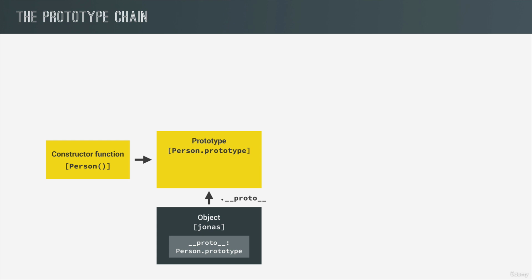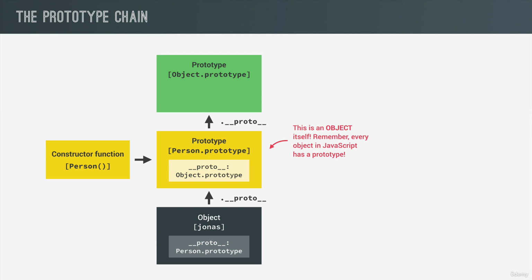So nothing new yet. But now let's remember that Person.prototype itself is also an object. And all objects in JavaScript have a prototype, right? Therefore, Person.prototype itself must also have a prototype. And the prototype of Person.prototype is Object.prototype. Why is that? Well, Person.prototype is just a simple object, which means that it has been built by the built-in Object constructor function.